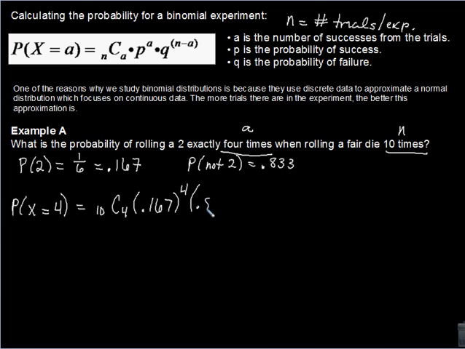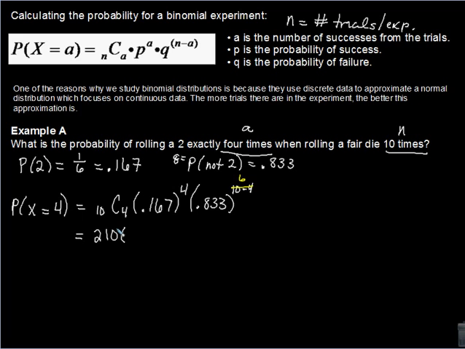So not a 2, which is Q, to the power of 10 minus 4, which is just 6. Okay. So then I'm going to do 10 combination 4, and that's 210.